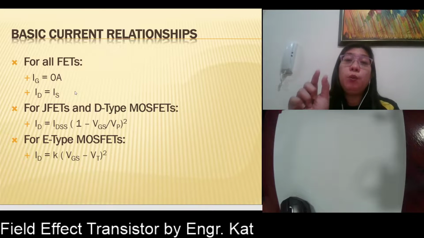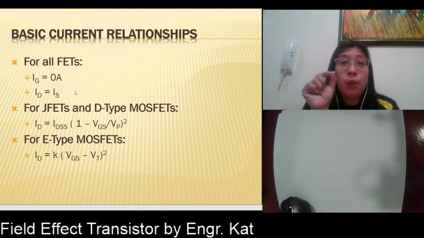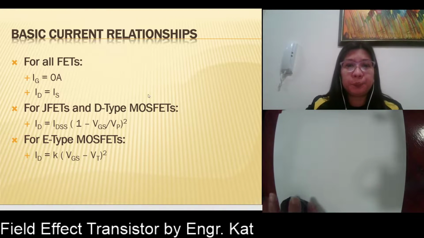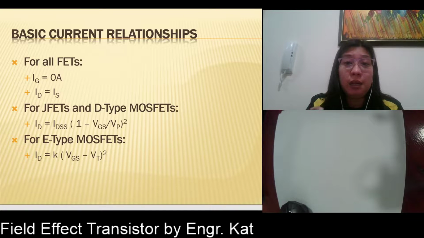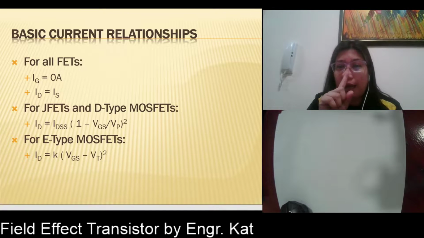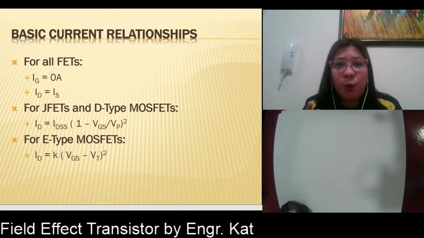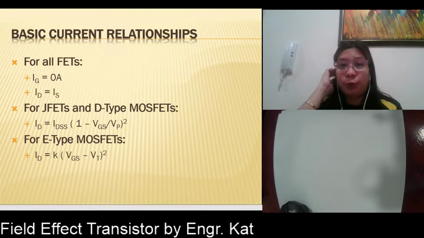Because between the gate and the channel, we place a thin insulator, the silicon dioxide, which we call SiO2. That will serve as an insulator for your gate current, so that it is not permitted to enter your channel.